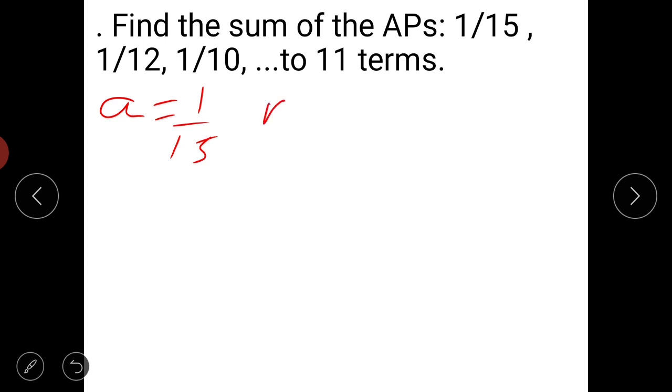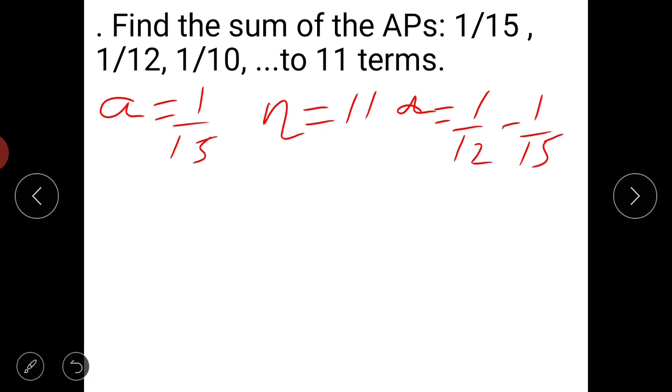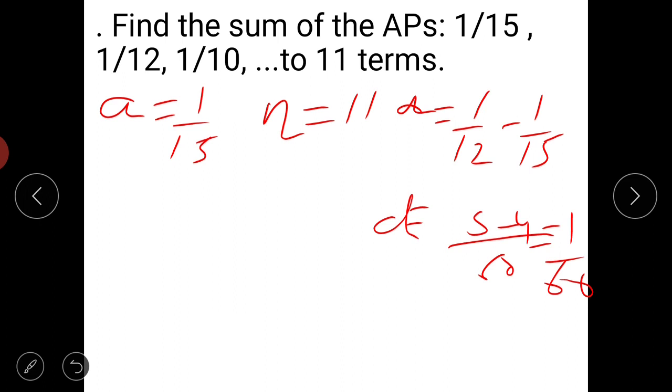So n is 11. Can you find D? D is the second term 1 by 12 minus 1 by 15. Taking the LCM 60, it is 5 minus 4, which means 1 by 60. Are you getting or not? So D is 1 by 60.